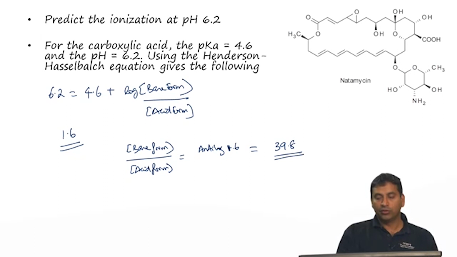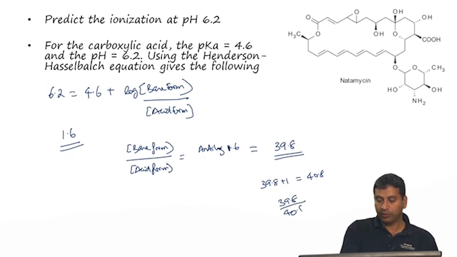In order to calculate the percent value, we would take the total amount, which would be 39.8 plus 1, that is equal to 40.8, and so the percent of the base form would be 39.8 divided by 40.8 times 100, which is equal to 97.5%.